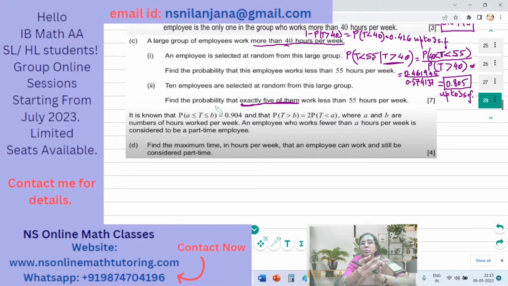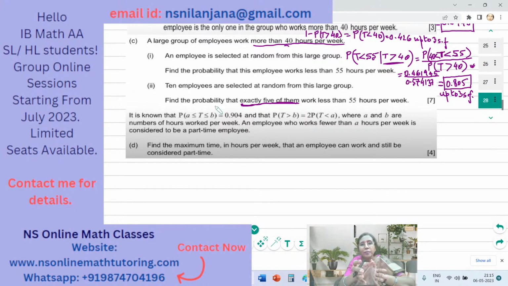So the probability that a particular employee is working for less than 55 hours per week, given that he or she is working for more than 40 hours per week, is a constant. It is not changing from employee to employee. It is not different for the first employee, the second employee or the third employee.